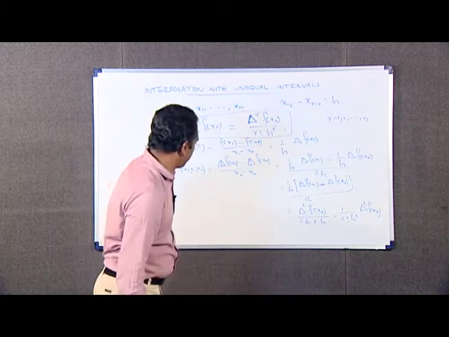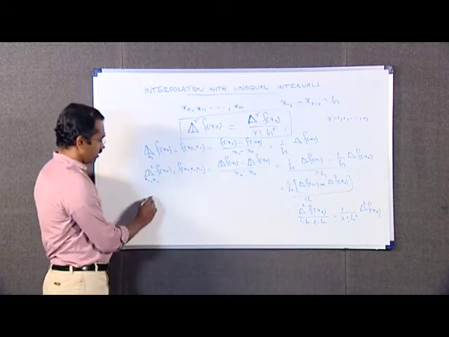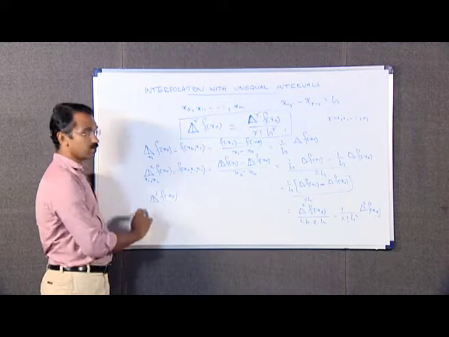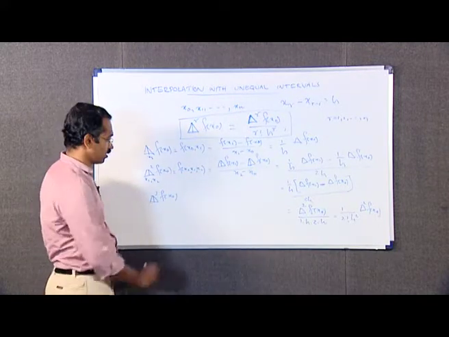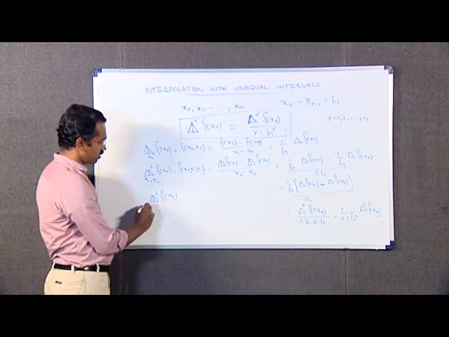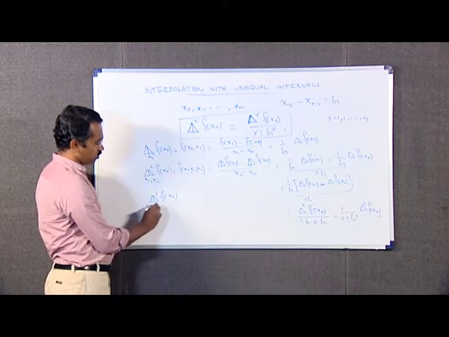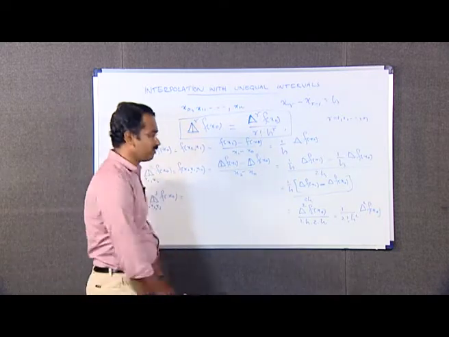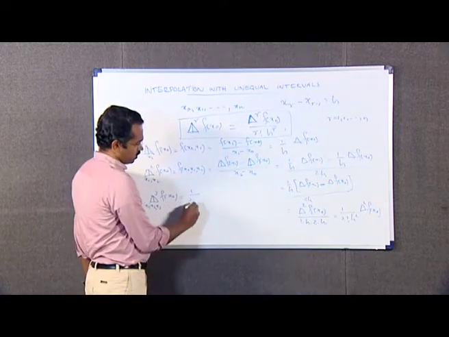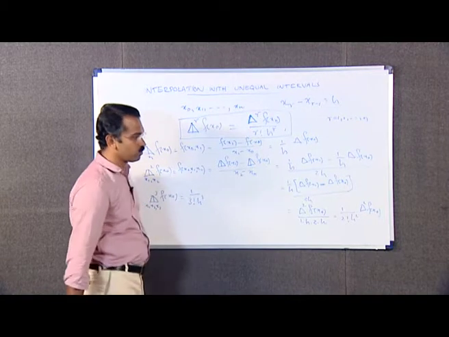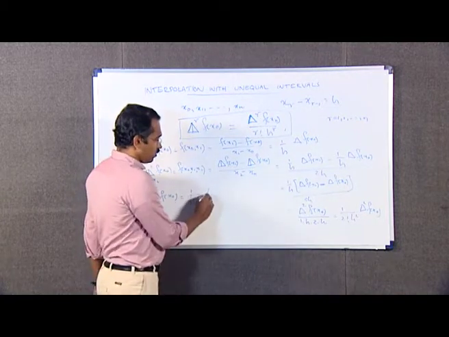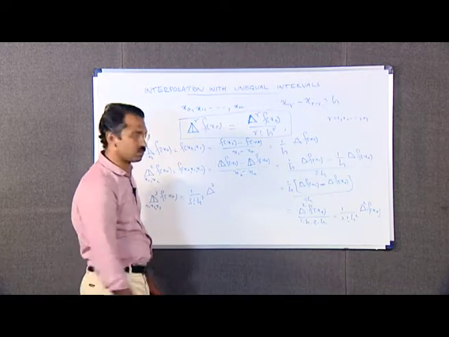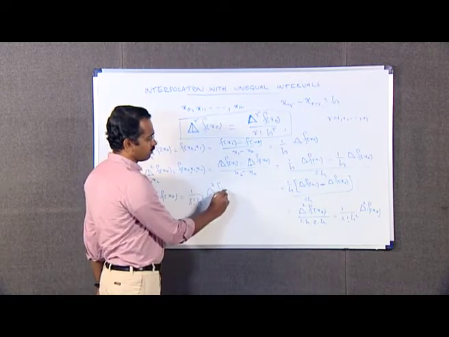Similarly, we can show that the third order divided difference between the arguments x0, x1, x2 and x3 is equal to 1 by 3 factorial into h cube into the third order forward difference, delta cube f of x0.